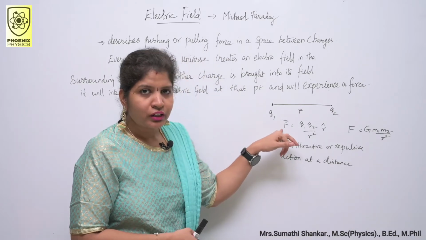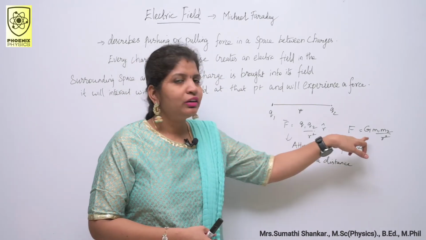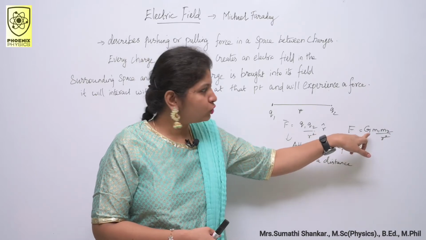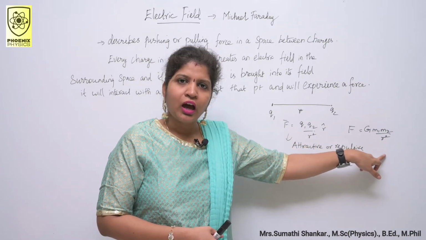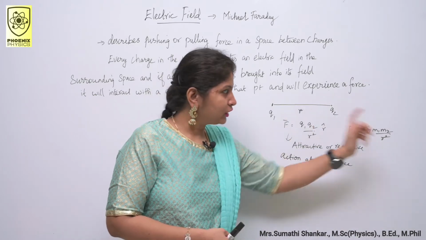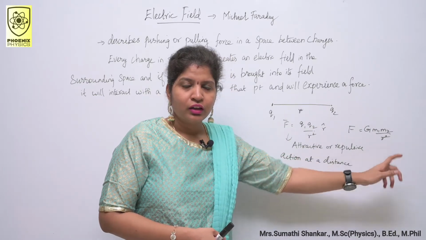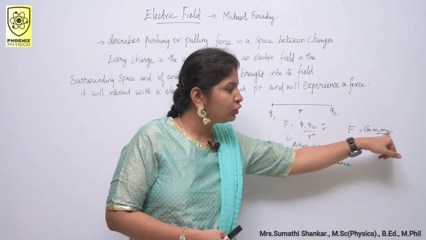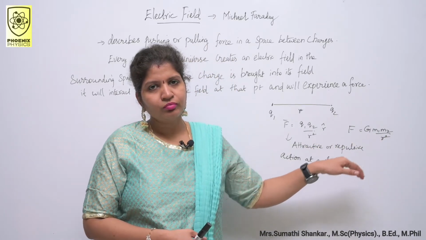This electrostatic force is similar to our gravitational force. You know the formula, F is equal to G m1 m2 by r square. The only difference between electrostatic force and gravitational force is that gravitational force is an attractive force between two masses.